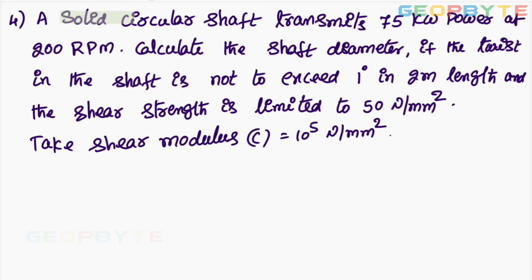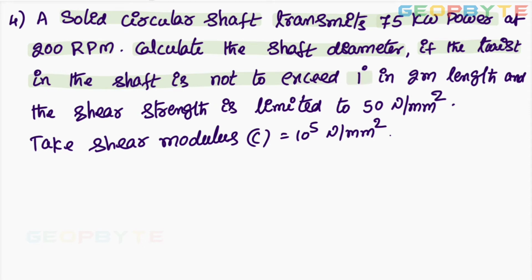A solid circular shaft transmits 75 kilowatts power at 200 rpm. Calculate the shaft diameter if the twist in the shaft is not to exceed 1 degree.